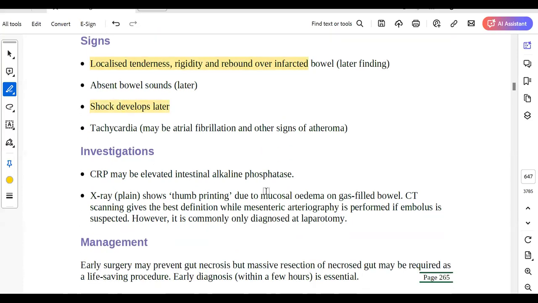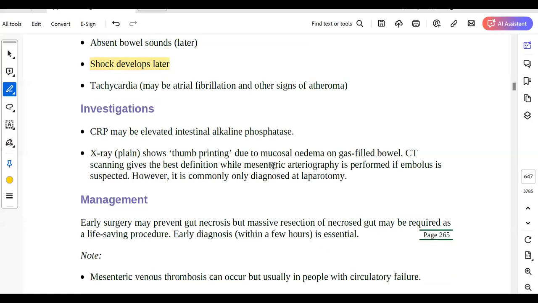So if you suspect a patient to have acute mesenteric ischemia, what will you do? If the patient is getting into shock, let's say an unstable patient, with a suspicion that it could be mesenteric ischemia, you can't wait to do any investigation. In that case, you need to take the patient straight to the operation theater.